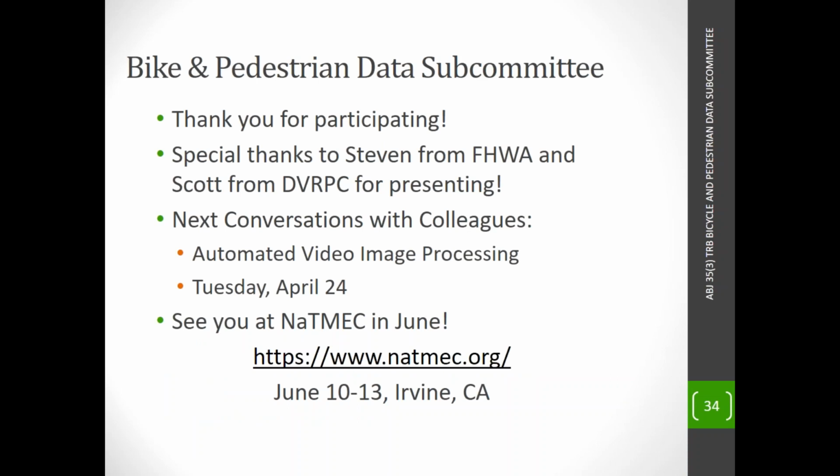If I had more time, I'd be happy to demo TMAS for anybody who wants to see it. There's a whole plethora of reports. We've got over 20 reports inside TMAS right now, and we plan on doubling that number with version 3.0 with a whole bunch more, including non-motorized.